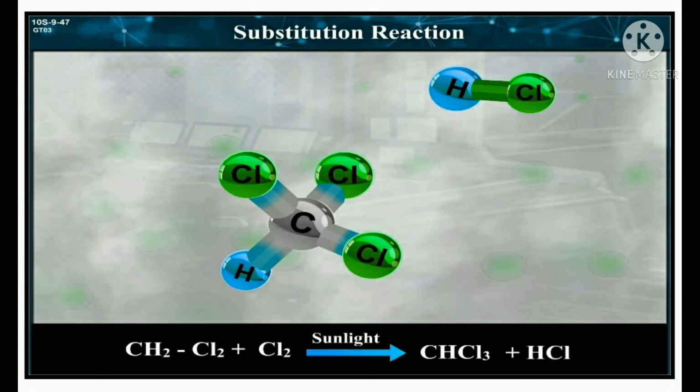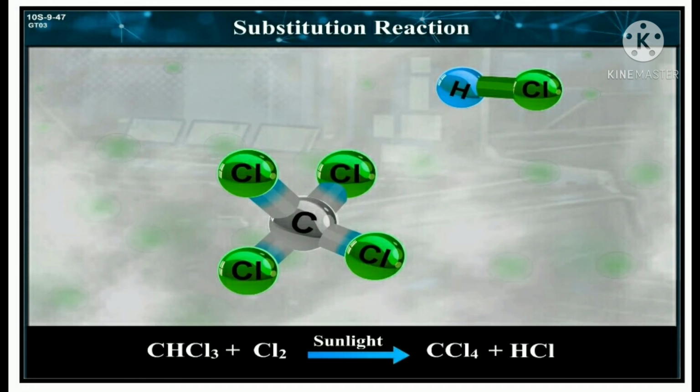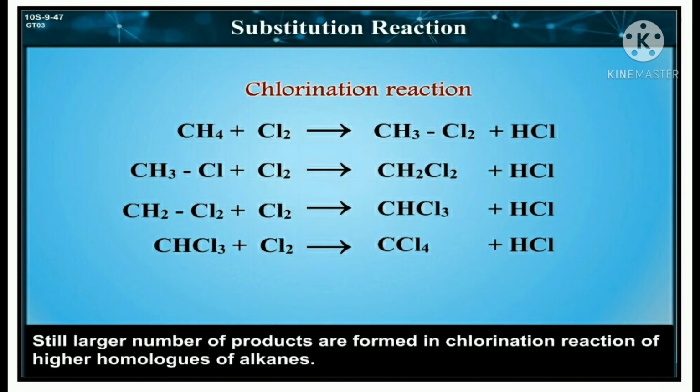CH2Cl2 plus Cl2 in presence of sunlight gives CHCl3 plus HCl. CHCl3 plus Cl2 in presence of sunlight gives CCl4 plus HCl. These are the chlorination reactions of methane.